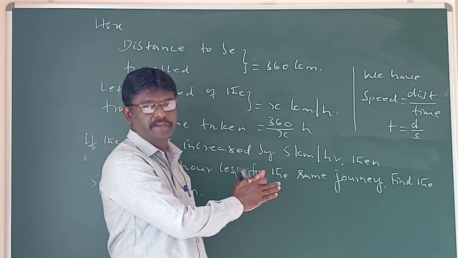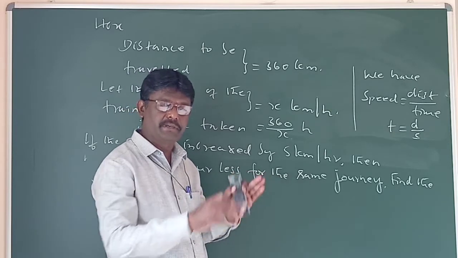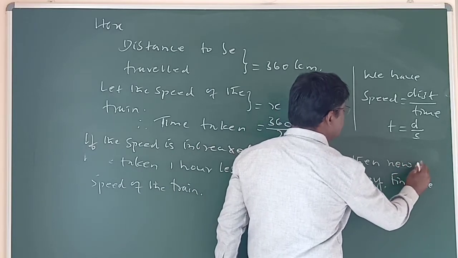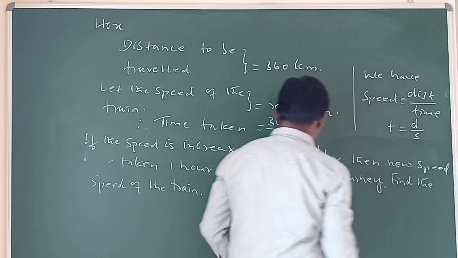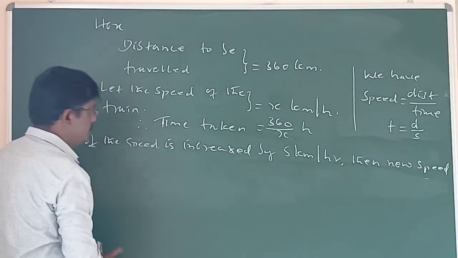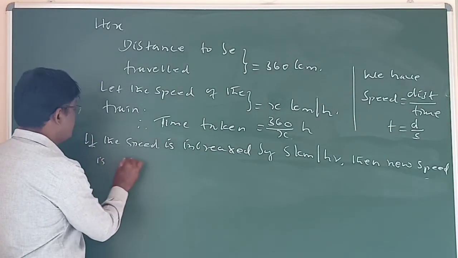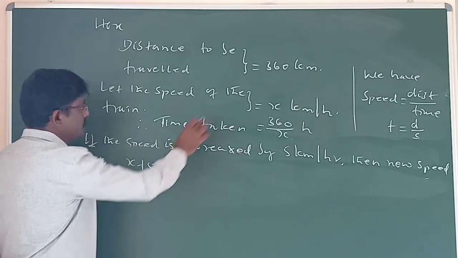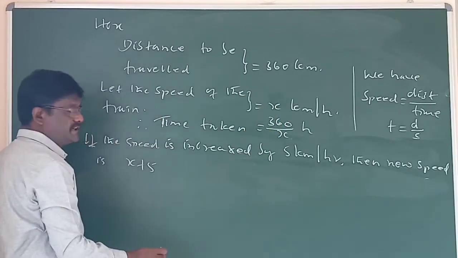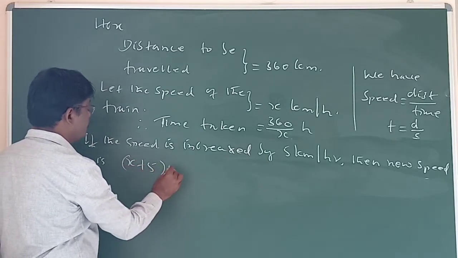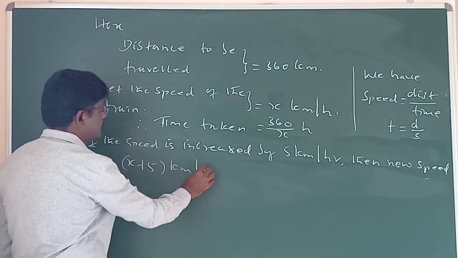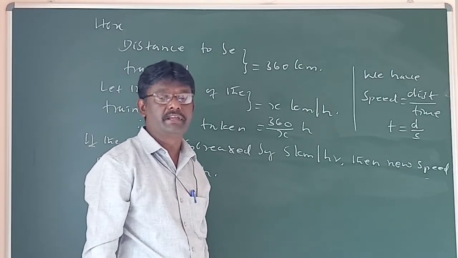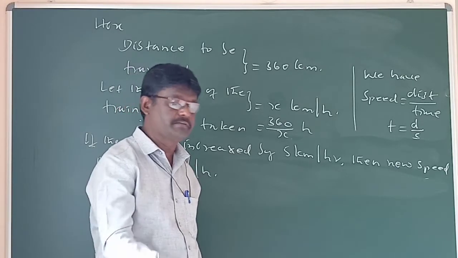According to the given condition, it increases by 5. Therefore the new speed will be x plus 5 km per hour. Then what will be the time taken? 1 hour less. That is the given condition.